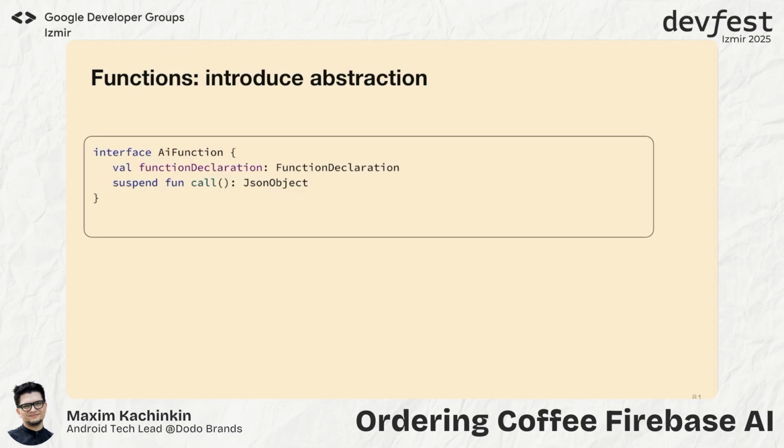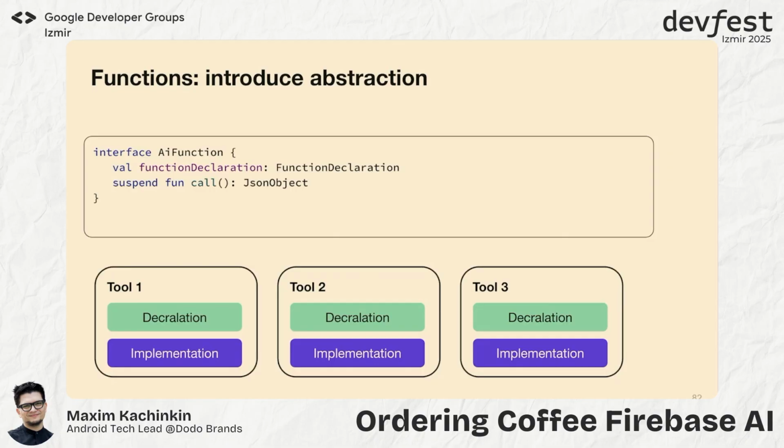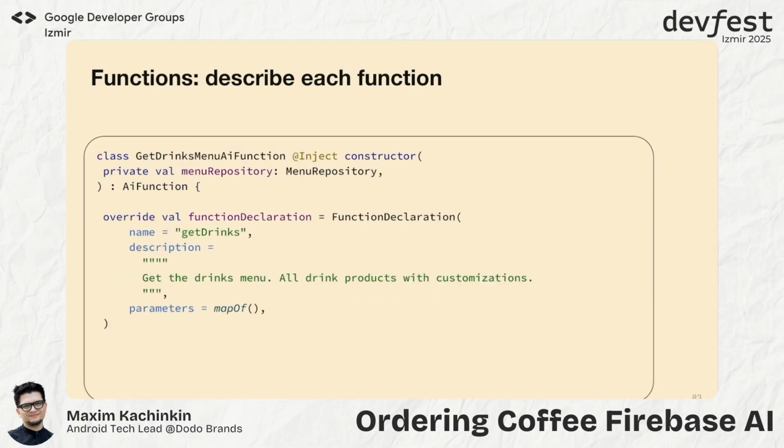Let's look at the code. Again, it's Kotlin code, but it's the same for the other platforms. First, we introduce the abstraction, because this is what we do as software engineers. We always introduce abstraction as a first step. Well, because we wanted to keep bundled declaration and implementation for each function, for each tool.